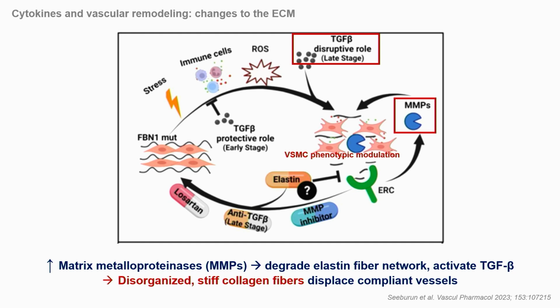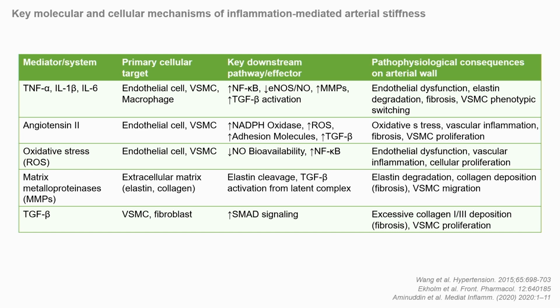They promote the expression and activation of the matrix metalloproteinases, MMPs, and these act to degrade the elastin fiber network and activate TGF-beta and so on, creating a disorganized array of stiff collagen fibers that displace the previously healthy and compliant vessels. These are some of the examples of inflammatory molecules which can cause arterial walls to be stiff and non-compliant. These are not separate mechanisms, but rather a chain of reactions that can influence each other interconnectedly.